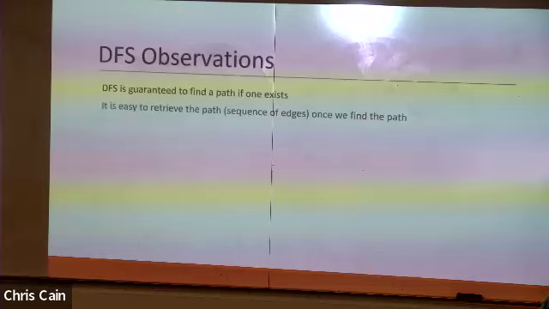Note how easy it is to find that path. You're storing it as you go, so that once you reach the destination, you already have a structure that has stored the path. No more work needs to be done to recreate the path. You just return the path because you stored it as you were going.